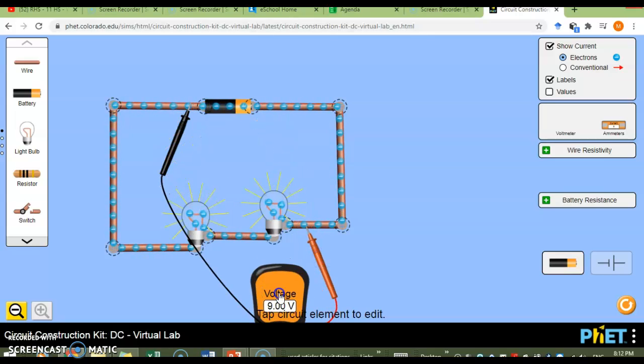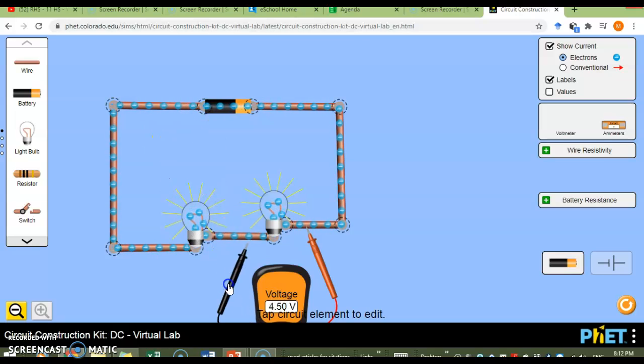Now the voltage across the first lamp is 4.5 volts. So U1 is 4.5 volts. Now the voltage across the second lamp, U2, is 4.5 volts. So U1 plus U2 is equal to U battery. Then the voltage in series grouping is additive.